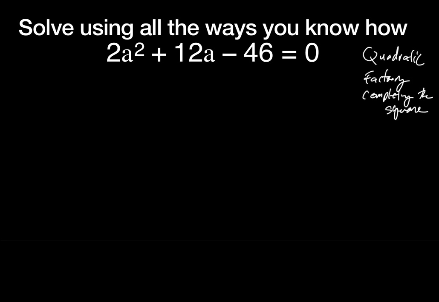A fourth way that we don't talk about because it's typically not accurate enough is by graphing. You could graph that, y equals 2x squared plus 12x minus 46, and then use the graphing technique. You'd have to have typically either a very, very accurately drawn graph, or you'd have to use some type of technology to solve it.